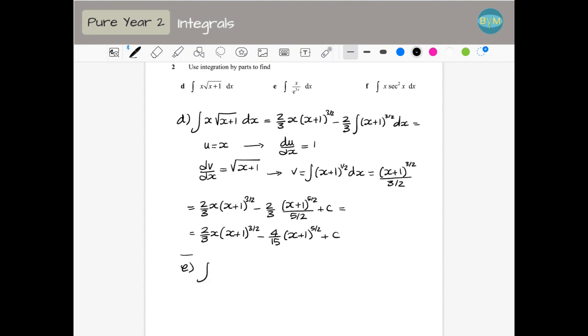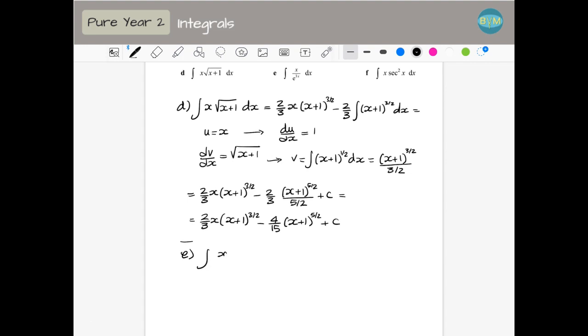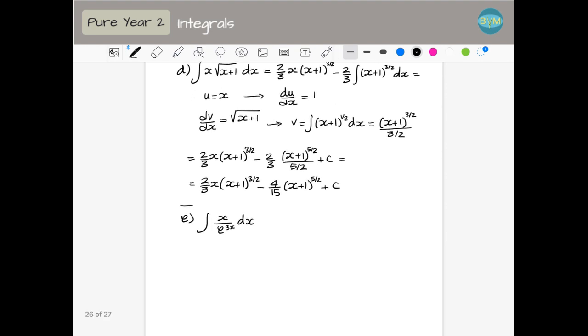Then the next one is the integral of x divided by e to the power of 3x dx. I know it doesn't look like integration by parts because most of the questions have factors instead of a fraction like here, but think of this as x times e to the power of minus 3x, so it's exactly the same. I'm going to call u x, and dv by dx my e to the power of minus 3x.